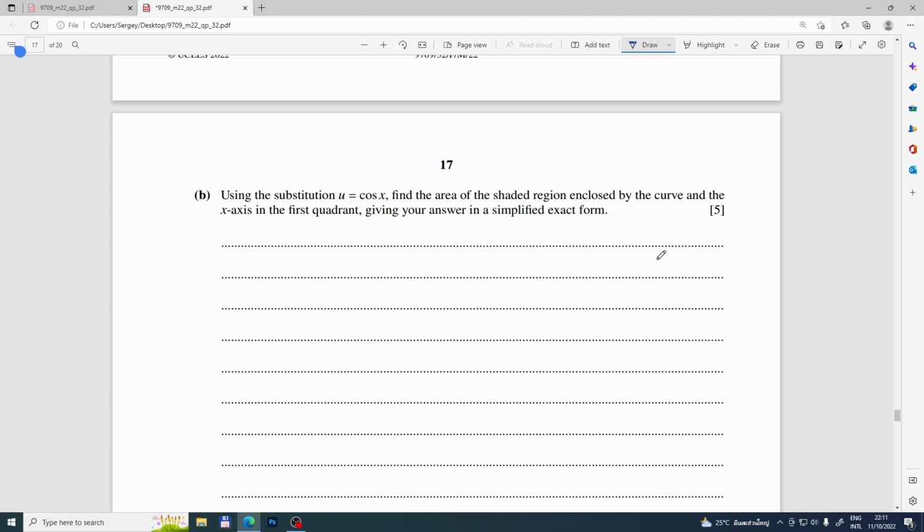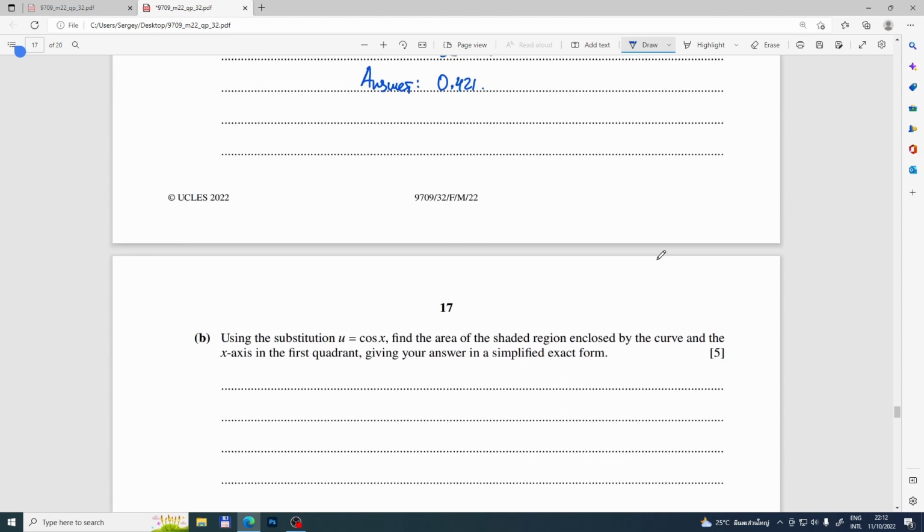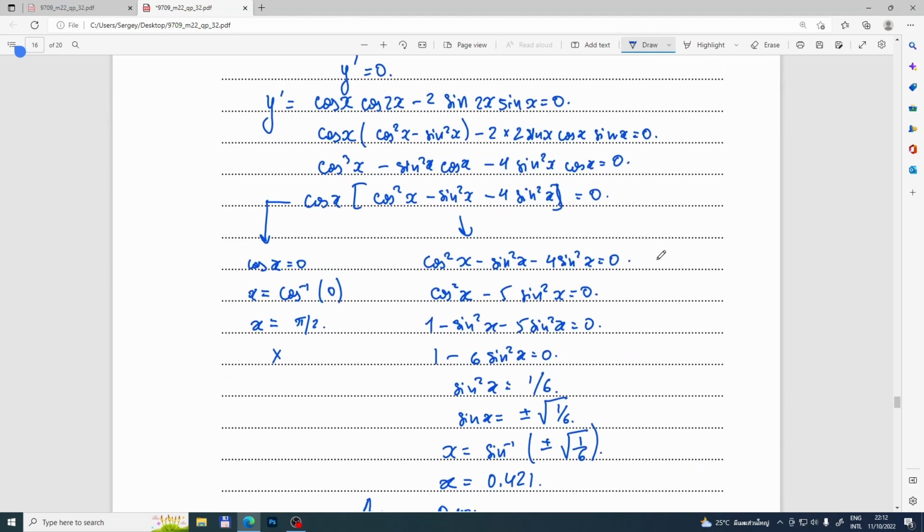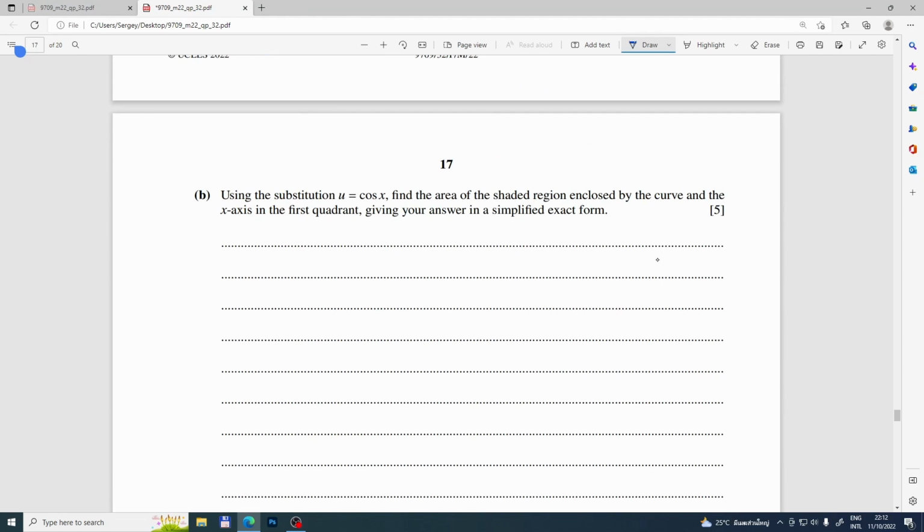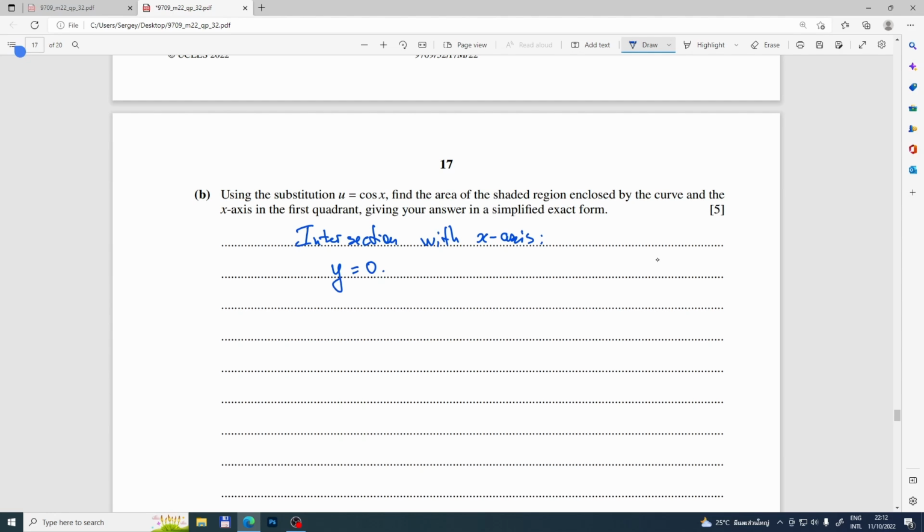For the next question, we'll have to use the substitution to find the shaded area. And first we'll have to find the intersection with the x-axis. And that happens when y equals 0. So that means sine x times cosine 2x equals 0. And that happens when either sine x equals 0 or cosine 2x equals 0.